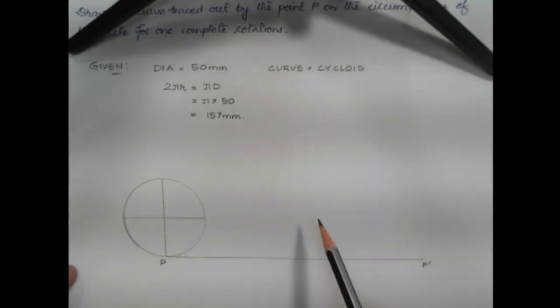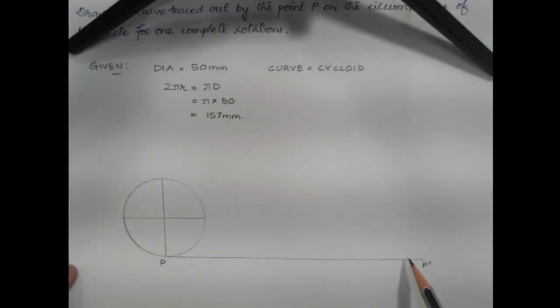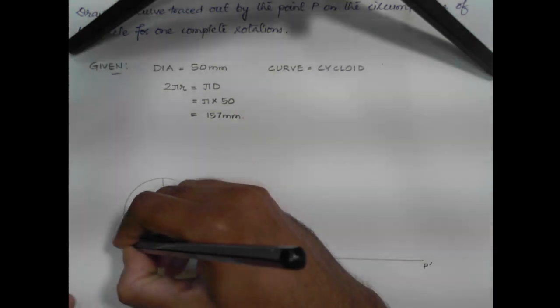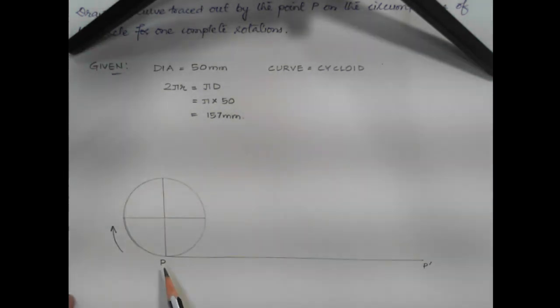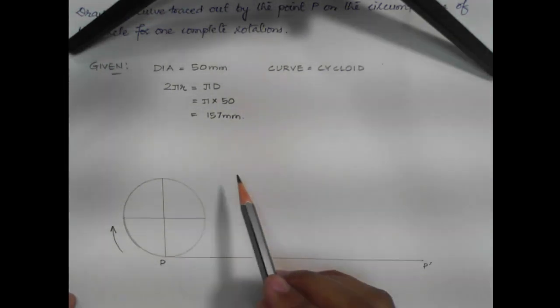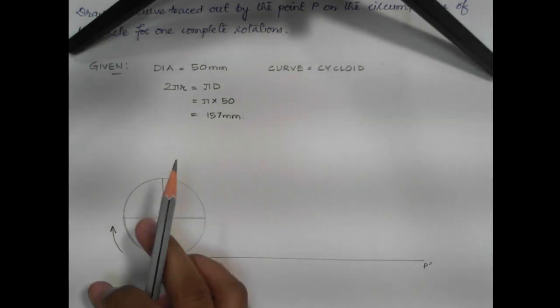I expect that this point P, when the circle is rotating, will rotate like this and come back. When the circle comes here, it will be called P dash. So when the circle is rotating in clockwise direction, this point P is also going around and coming back to P dash when the circle is again in the rest position.